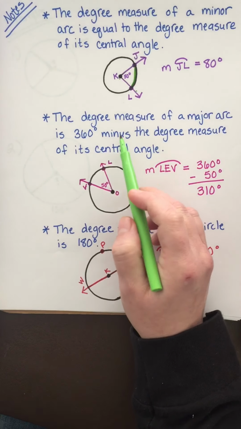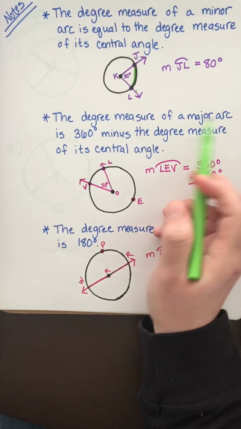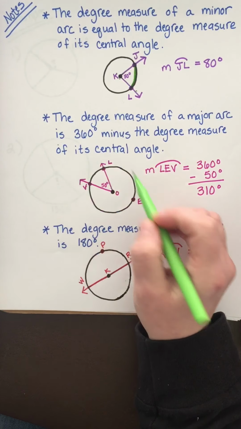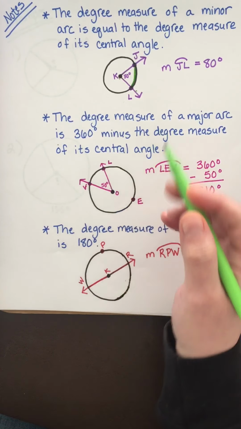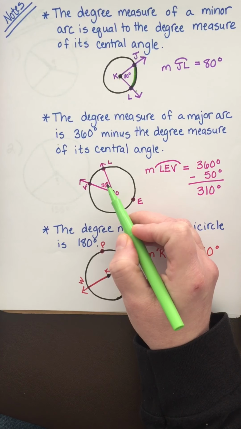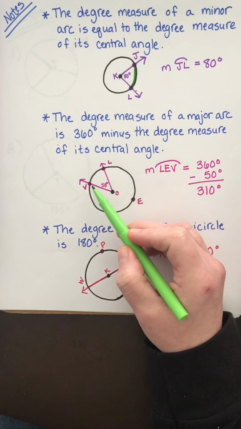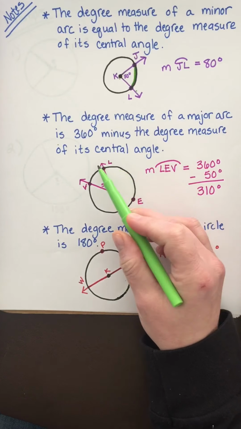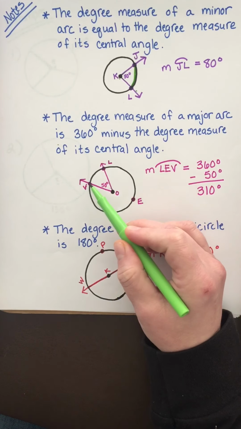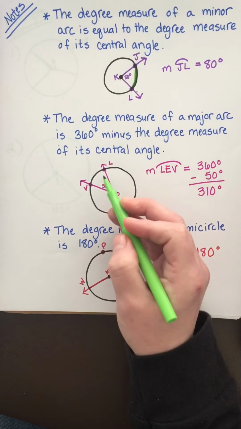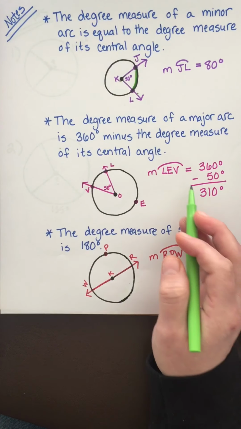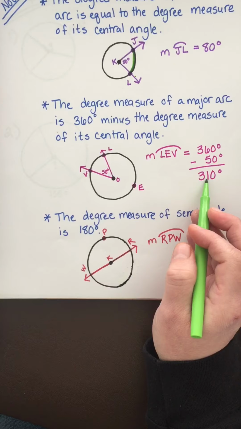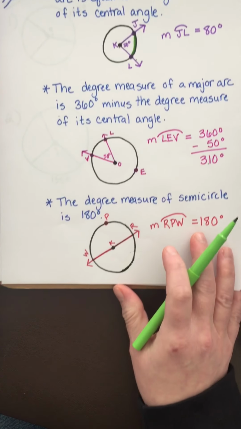All right, it says the degree measure of a major arc is 360 degrees minus the degree measure of the central angle. So here we have the central angle of 50 degrees. So the measure of this major arc, this arc LEV, would be 360, but you would take away this minor arc created by the central angle, which is 50 degrees, for 310 degrees.